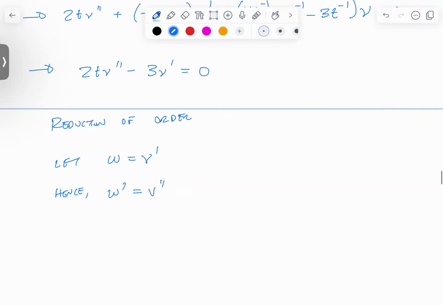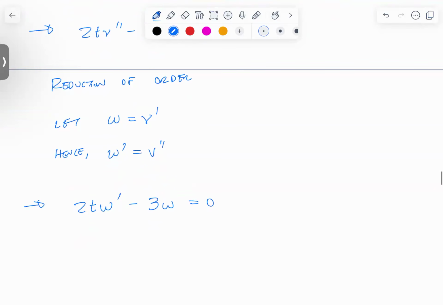So now notice what our equation is going to become. We can use an integrating factor on this, because what kind of differential equation is this?